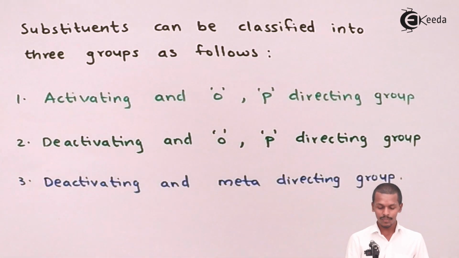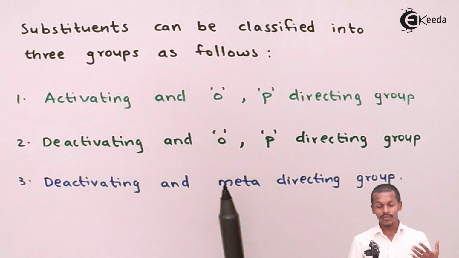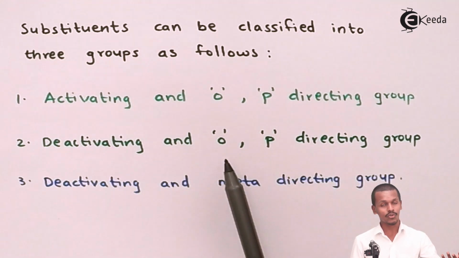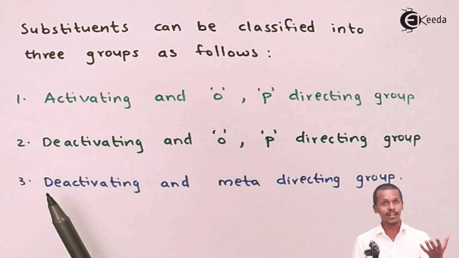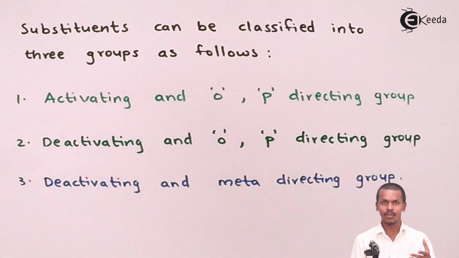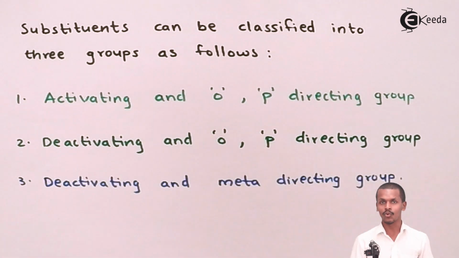Talking about the deactivating group, as we have studied earlier also, that will be a kind of monosubstituted benzene that is less reactive than benzene, and moreover it will allow the group to be attached at the ortho and para position. So there are also kinds of groups that are deactivating and ortho-para directing, meaning they are deactivating as well as allowing the other substituent to be attached at the ortho and para position.